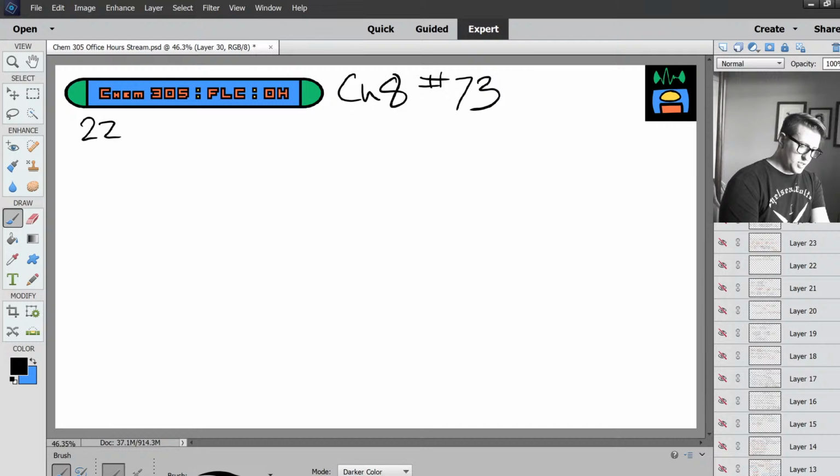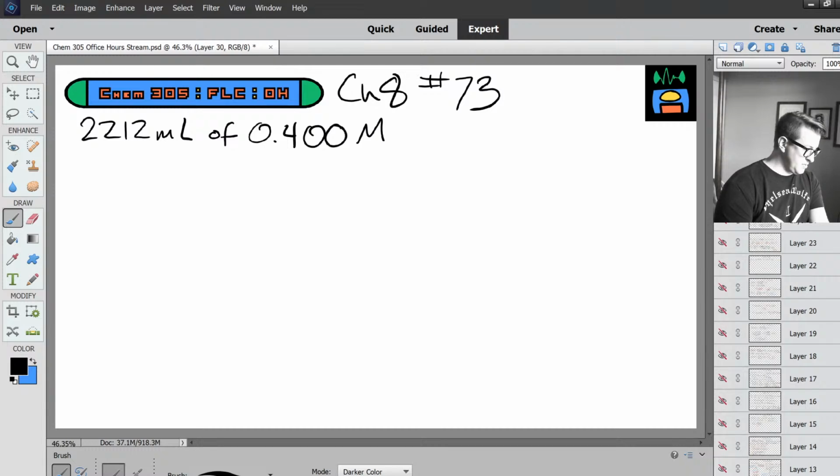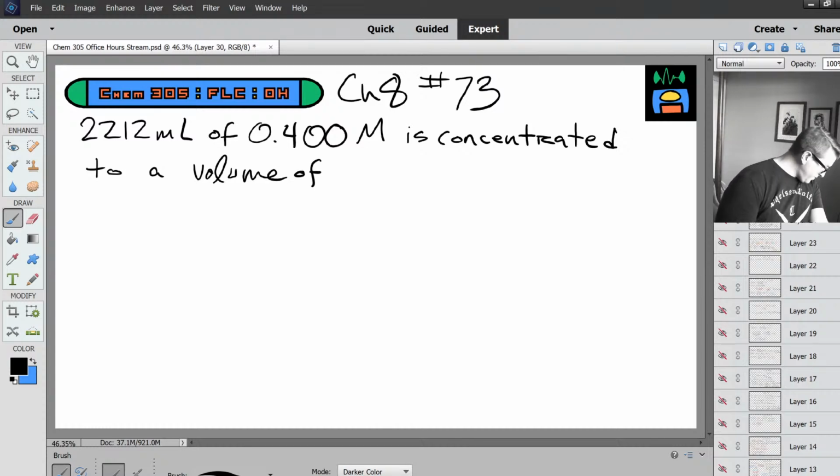Okay, this was 73. So for this problem, we have 2,212 milliliters of 0.400 molar solution concentrated to a volume of 853 milliliters.